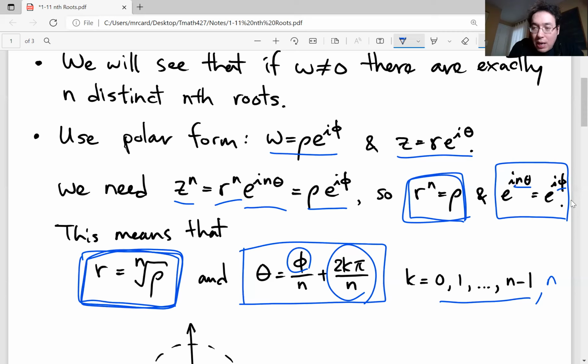So you get back to the original angle. So if you're counting how many different angles there are, the k could be from 0 to n minus 1, and after that it's going to be repeats. So there's n different angles that would work here. I hope that made sense.